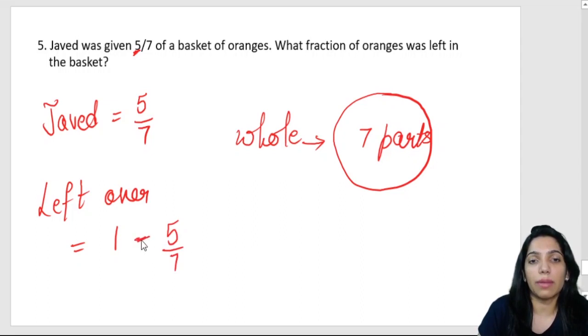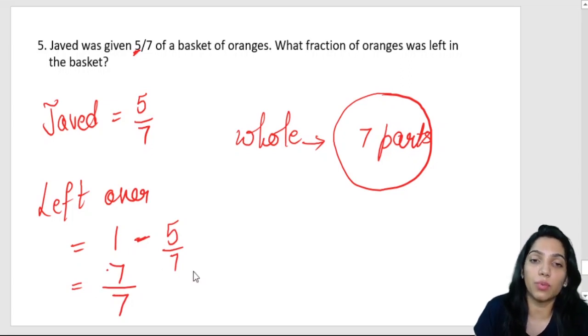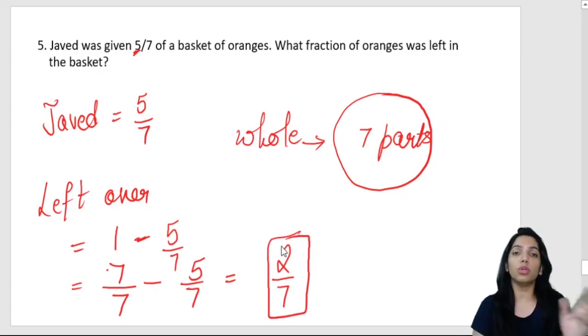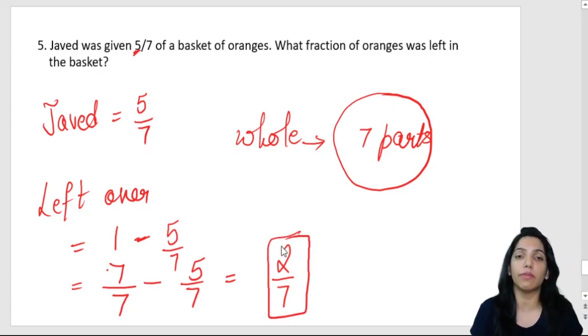Now 1 whole can be written as 7 out of 7, all the 7 parts selected, that will represent 1 whole. Now I need to take away 5/7 from this. The answer will be 7 take away 5 over 7, that is 2/7. So out of the whole, 2 parts are still left after giving away the oranges to Javed.